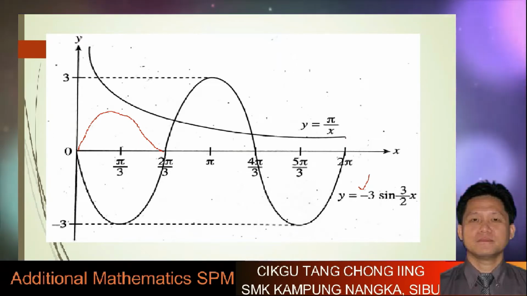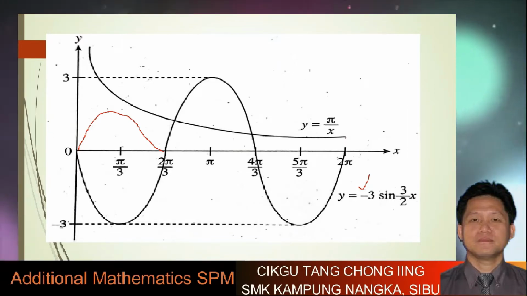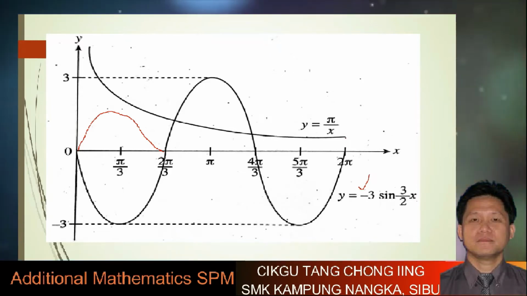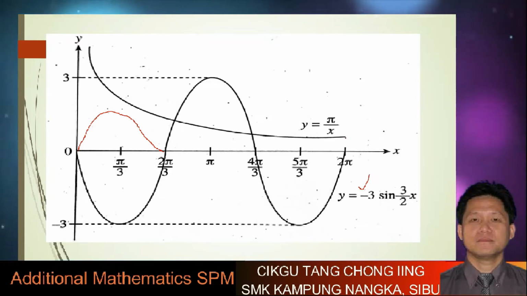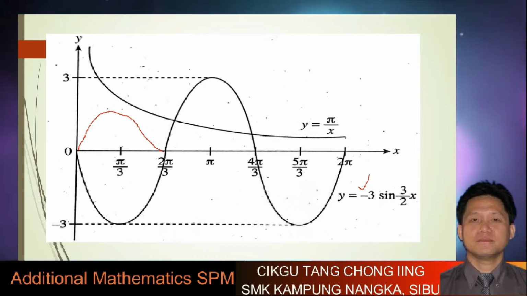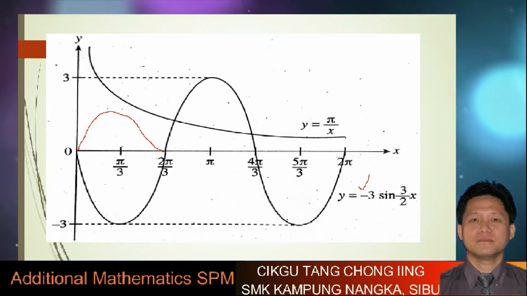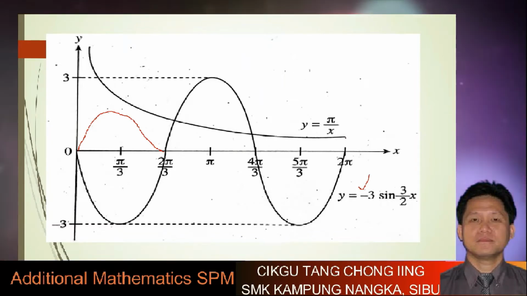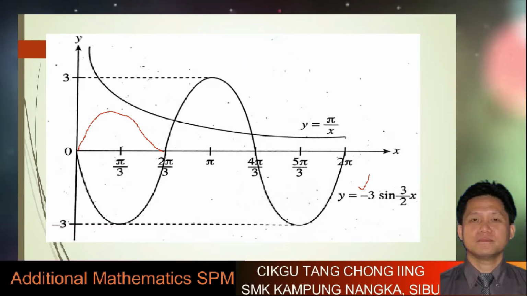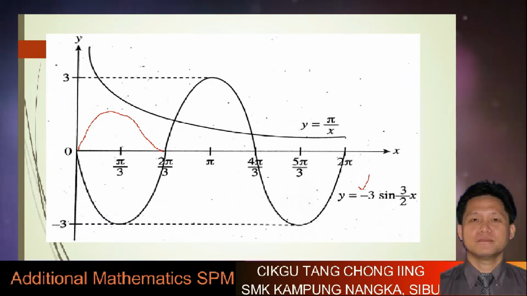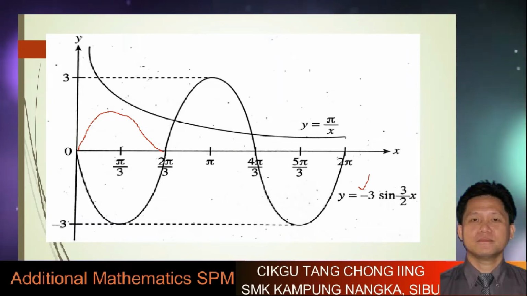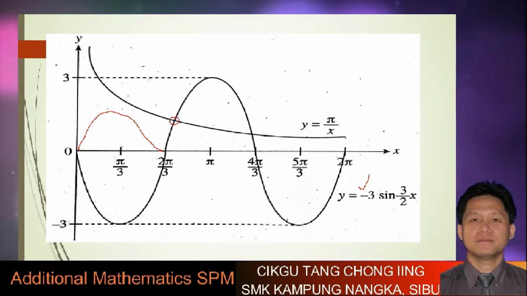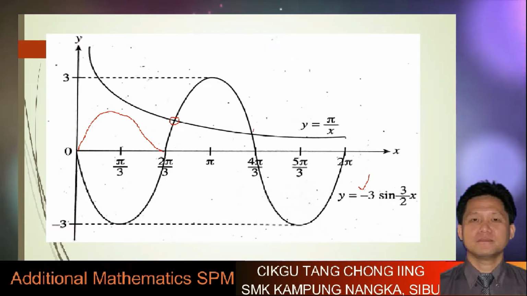And the other one is y equals pi per x. And if you plot accordingly, you notice that it will not touch the y-axis. It cannot touch the y-axis. And then if you draw it, you will notice that the two graphs will intersect at 2 points. One is here, another one is here.